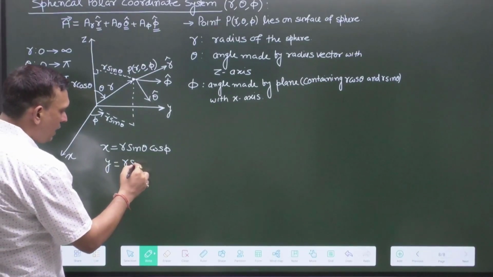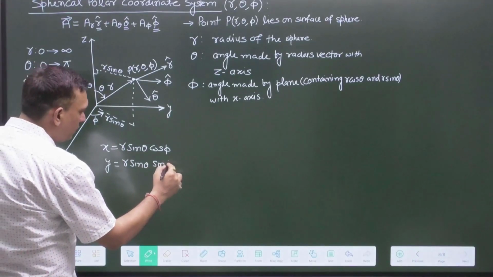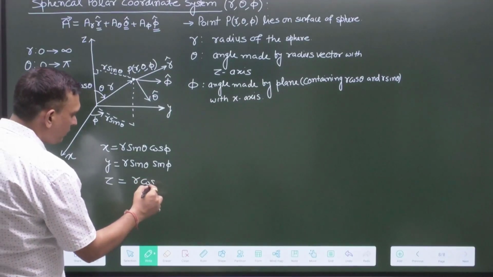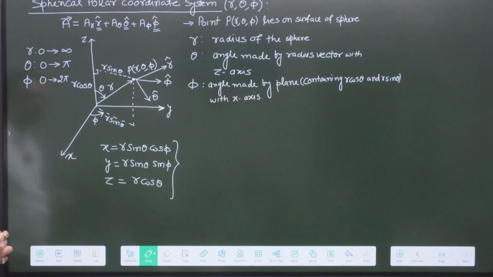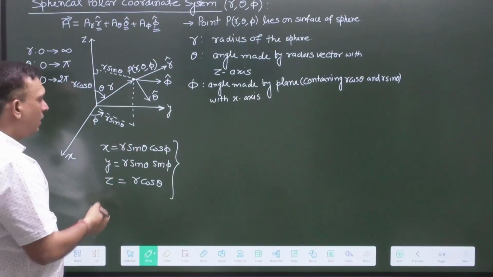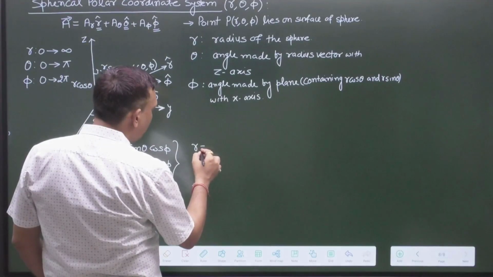So this is r sin theta sin phi, and z is r cos theta. Z is r cos theta. So if you know r theta phi, you know x, y, z. Or sometimes if you know x, y, z, you can write r theta phi. That you can easily check.